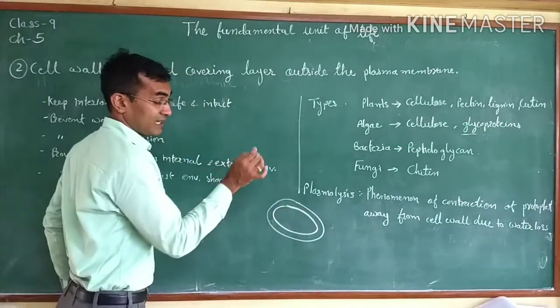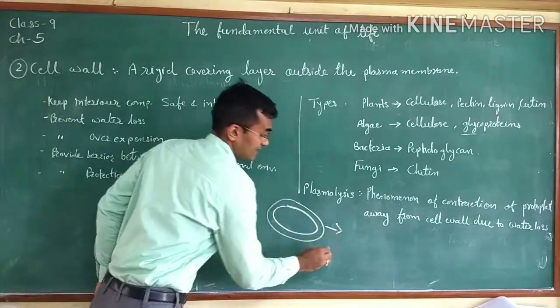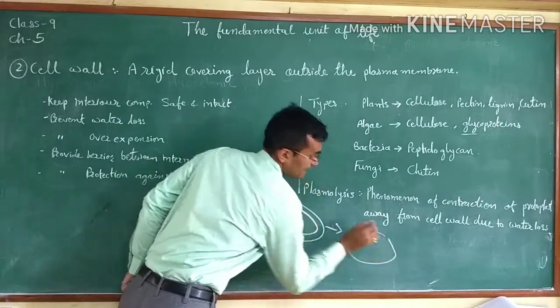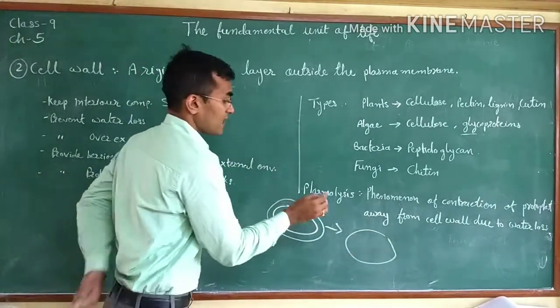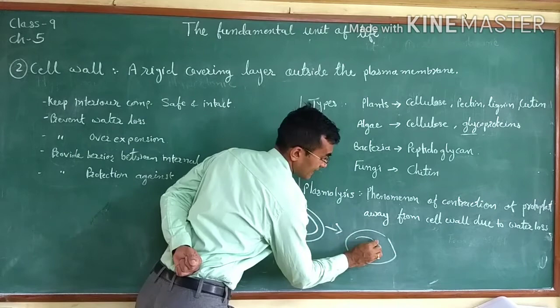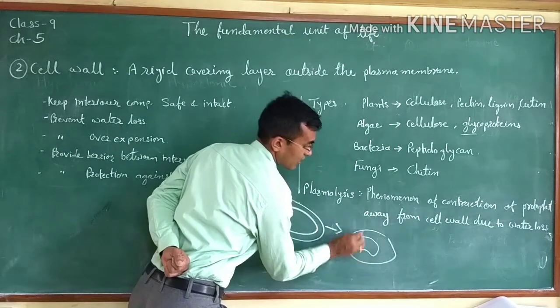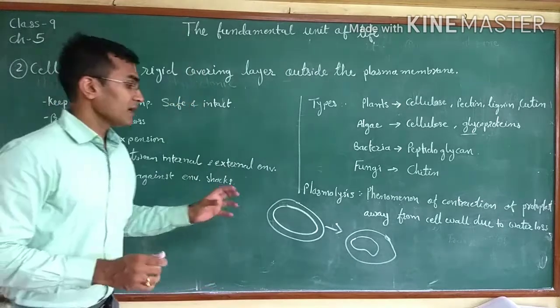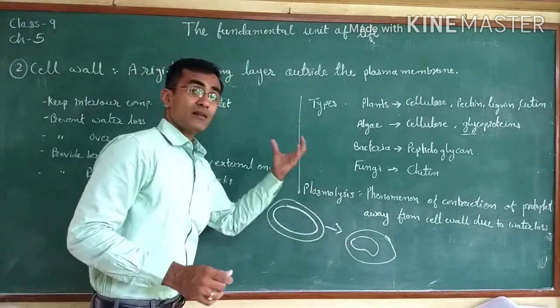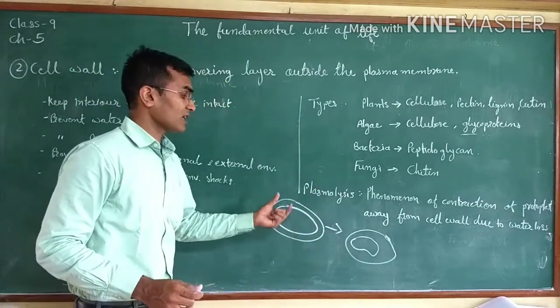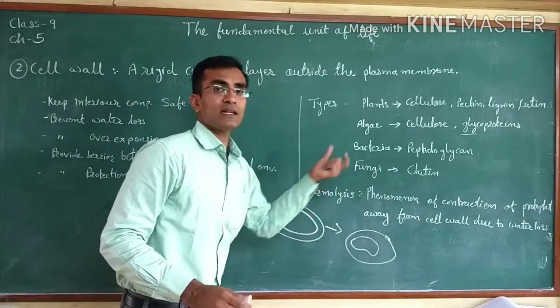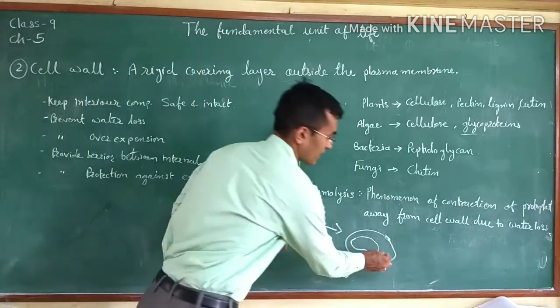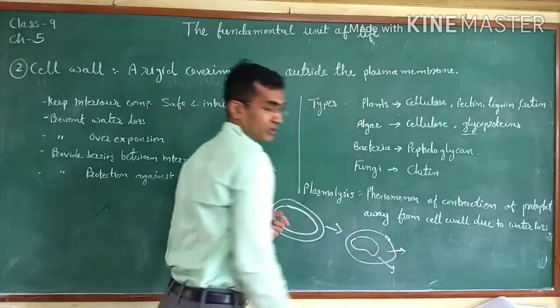If water is lost, the cell will look as it is, but the inner content will shrink. That is called plasmolysis. This will happen when there is less water in the external environment, which is why the water will go out.